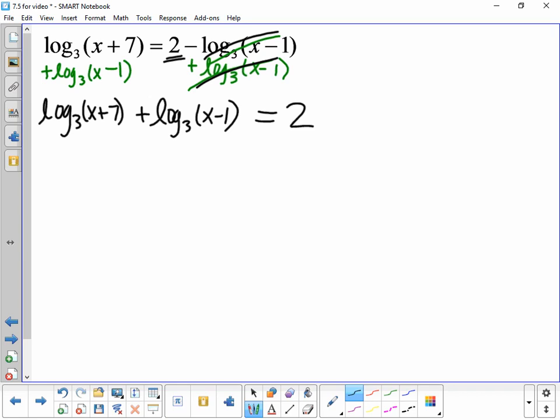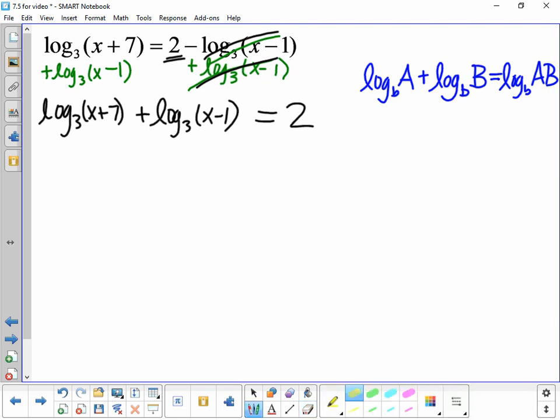All right, so now I can condense my two logs. And if you remember, our log rule with addition is that if I have a log and I'm adding it to another log, it's the same as the log of the product. So I need to take my two arguments.